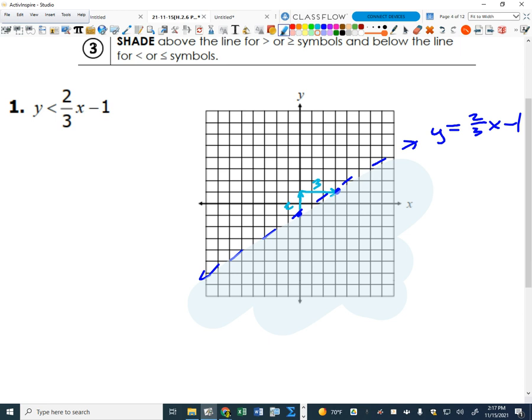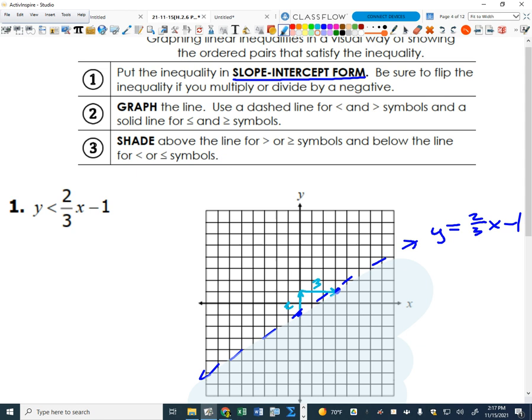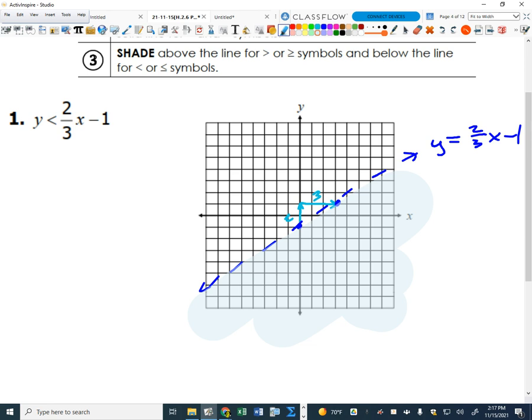Okay. There is another way that we could check for solutions, which is a little bit more general. We could just test a point, too. We can always pick a test point, because think what it means to be a solution. The set of all the solutions, what we call the solution set, is the set of every ordered pair that's going to make this inequality true, right? So if I wanted to test which side of the boundary line I'm shading, I could pick a simple test point, like what about the point right here at 0, 0?